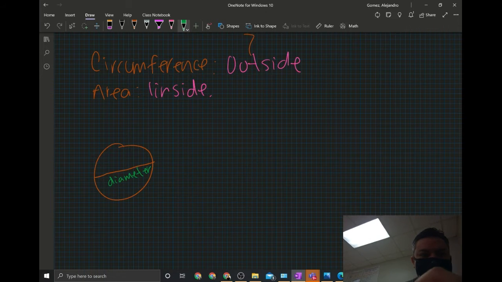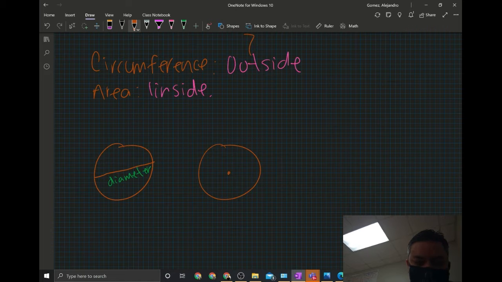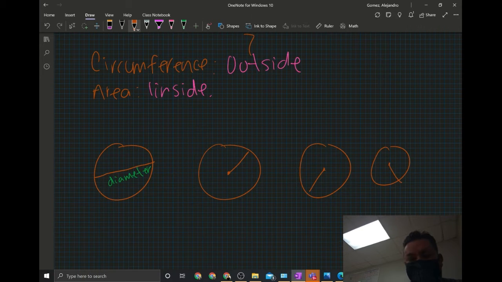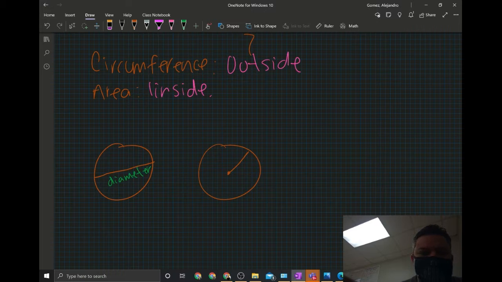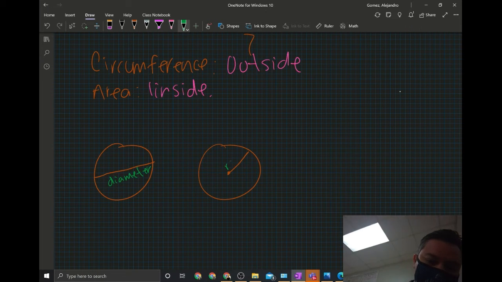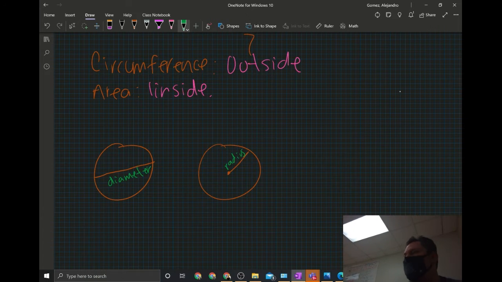But if they give you a circle, and the line goes from the middle to the edge, it doesn't matter to what edge, as long as they give it to you, that line is going to be called the radius. And it's important to know so that we can use the correct formula.